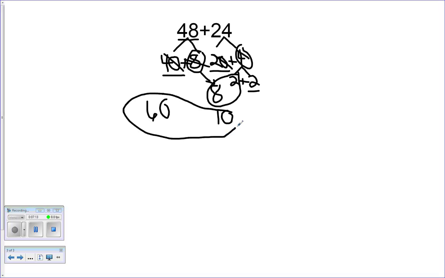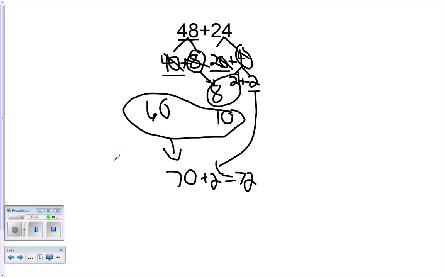I can very quickly see that 60 plus 10 more, because I know my tens very well, that's going to be 70. Am I done? Well, no, because I still have this 2 over here that I have to deal with. I have to give it to the 70. So 70 plus 2 gives us the answer of 72.